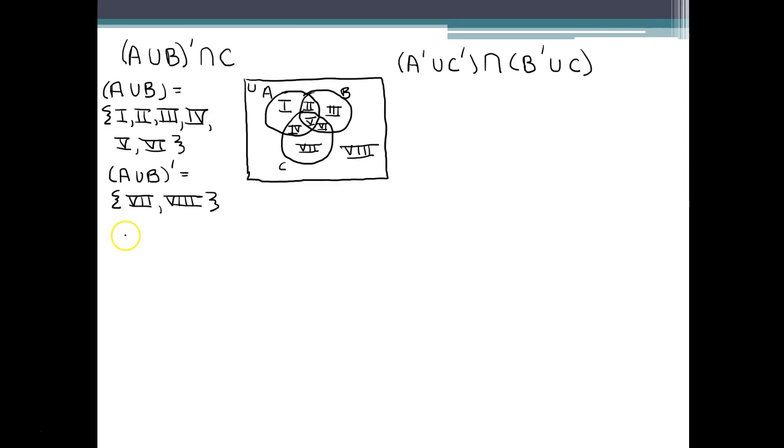Okay, then we have to do intersection C. So let's go ahead and list what's in C. If it just says C, make sure you list everything in C. People will often forget something that's in one of the overlaps. But look at the entire C circle, and you have a 4, 5, 6, and a 7.